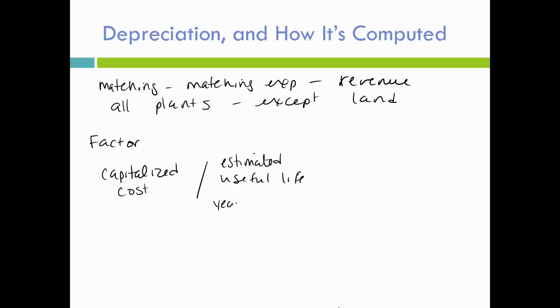That could be in years, or it could be in usage like miles or machine hours or something like that. And we'll also need to know the estimated residual value. This is also called the salvage value sometimes. It's what you think you're going to get for it at the end of the asset's life. So we know the capitalized cost at the top. We have to estimate the useful life and the residual value.